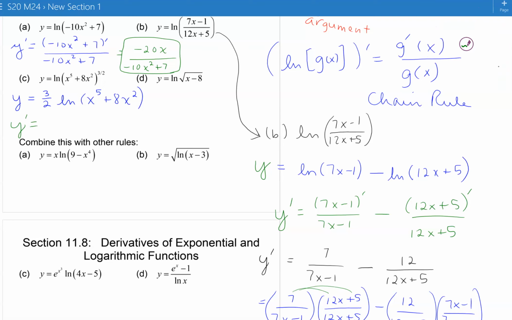So now I'm going to do the derivative. The derivative of a constant multiple is to write the constant multiple and then multiply it by the derivative of what comes after. So the derivative of the natural log of a function is the derivative of the argument divided by the argument.